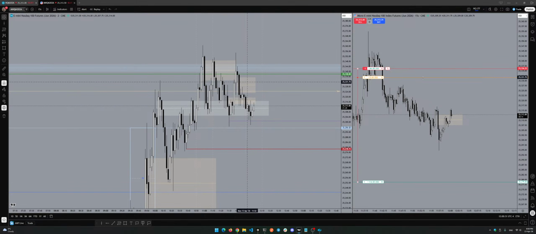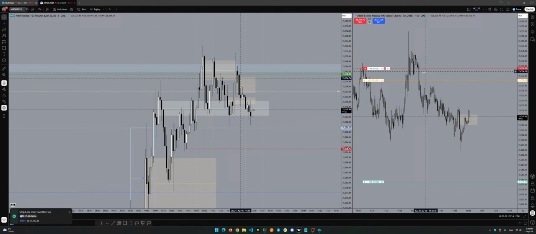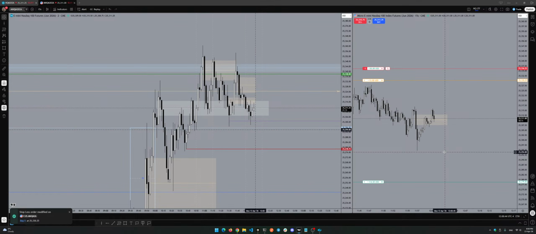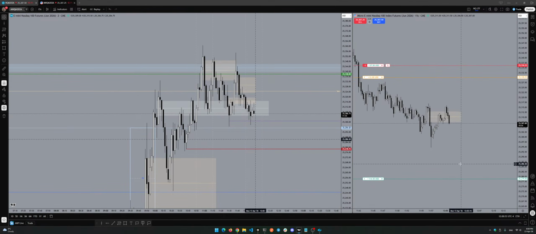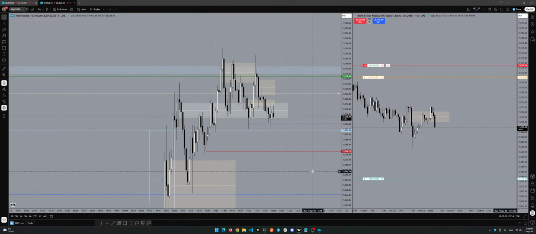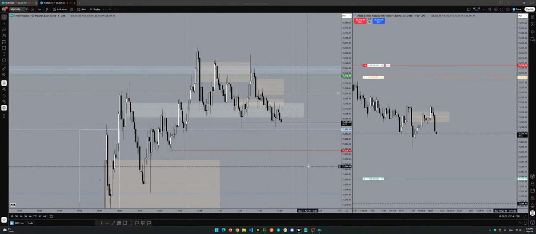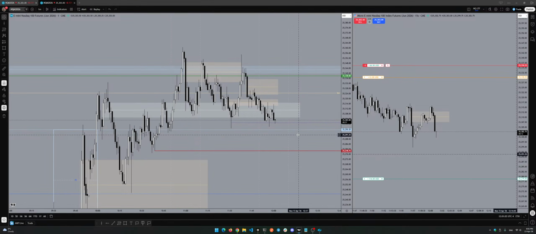Yeah, my stop loss should be moved here because I see this as a breakaway gap. Not bad. Okay.